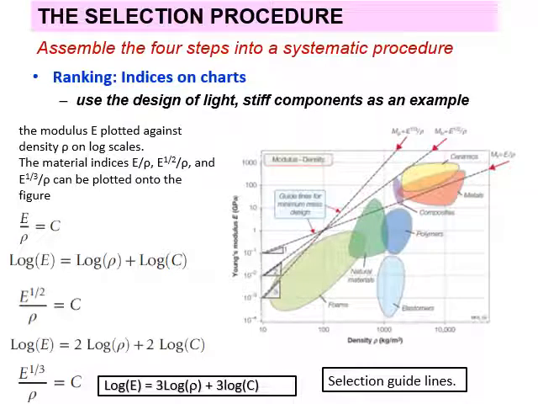Next is to do ranking using indices on the chart. In this case, you can set the performance index M. Either you can choose Young's modulus divided by rho, or over here, or over here. So in this case, the slope is 1, which is equivalent to 1.